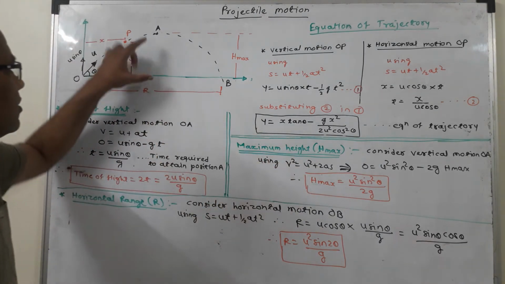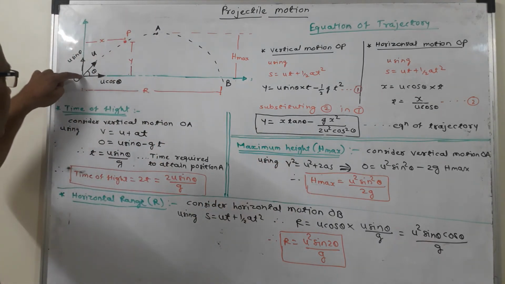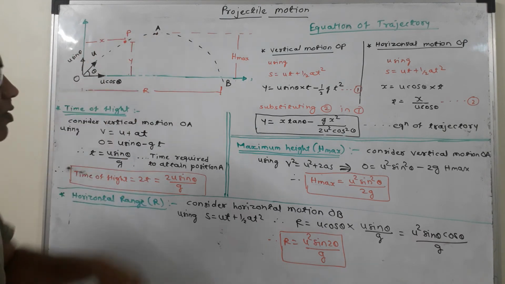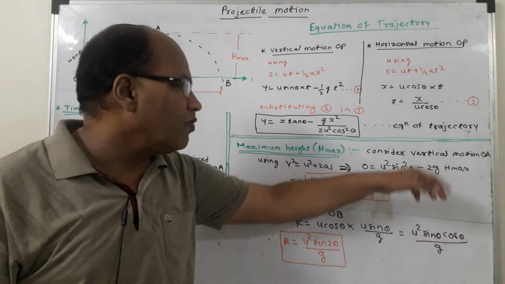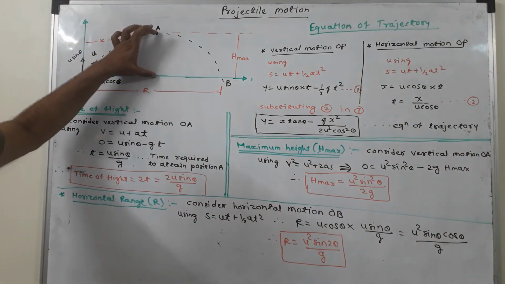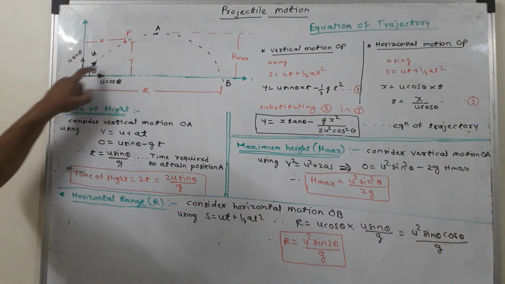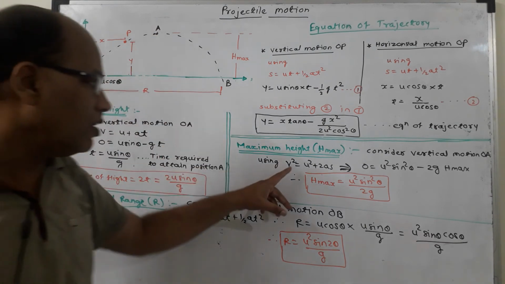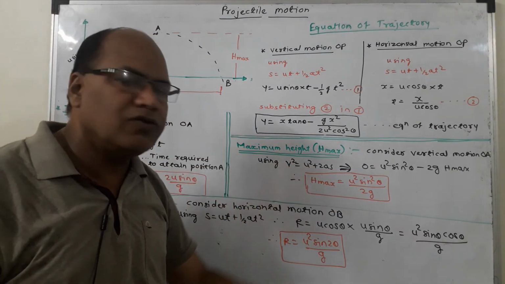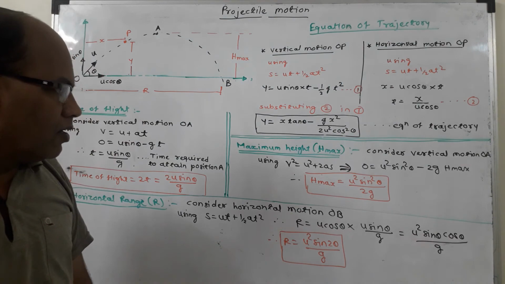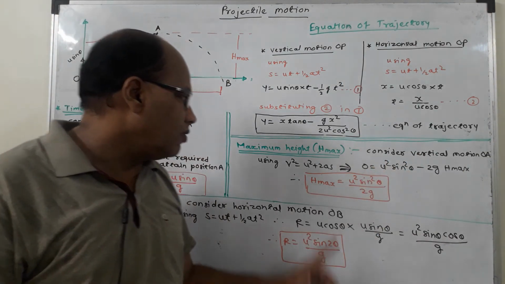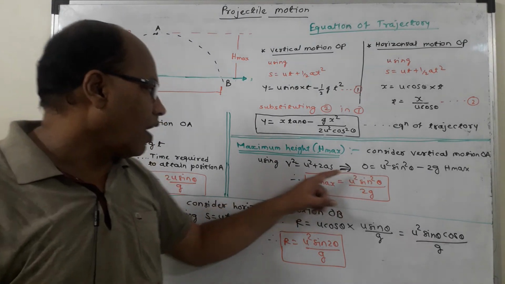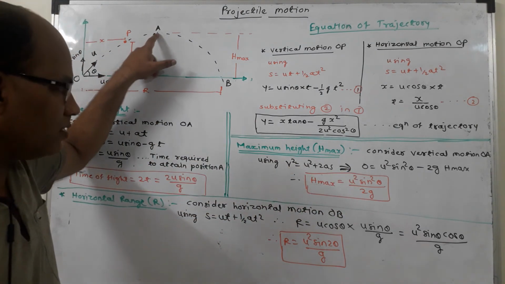Next term is maximum height. Maximum height is the vertical distance between the point of projection and the topmost point on the path. In order to get the maximum height, consider vertical motion from O to A, and I am using the equation v square is equal to u square plus 2as. Again, as I am dealing with the vertical motion OA, the vertical component of velocity at the final position, that is A, will be 0.